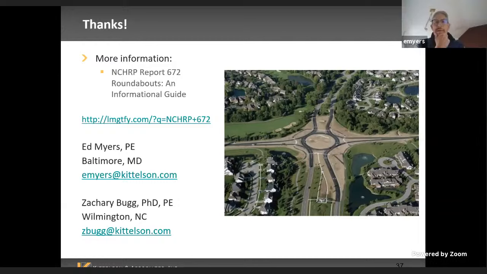Yeah, we see that. I wouldn't say it's 5 years. It's probably more like a month or something. People can get acclimated to it pretty quickly. And one of the slides that Zach showed about people's opinions and how they change before and after a roundabout is built, oftentimes what we find is people will complain about the roundabout, you're experimenting with our children and blah, blah, blah.